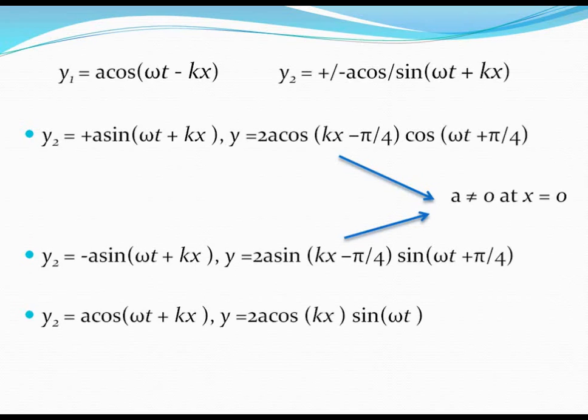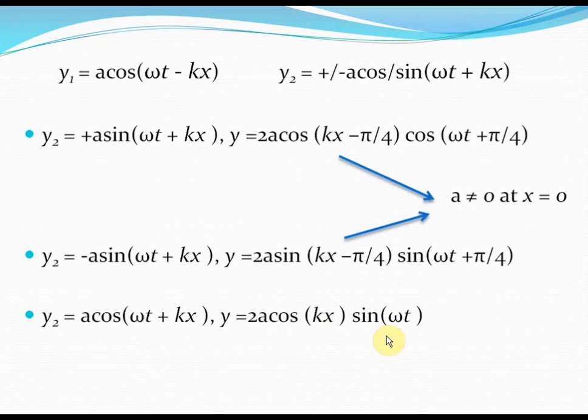That is, we consider a plus sign and we consider a cosine function here. In that case, we can clearly add y1 and y2 using the formula cos a plus cos b equal to 2 cos a plus b by 2 cos a minus b by 2. When we add y1 and y2, we get the resultant wave y equal to 2a cos kx sin omega t.